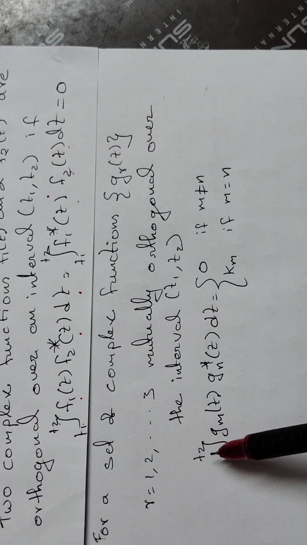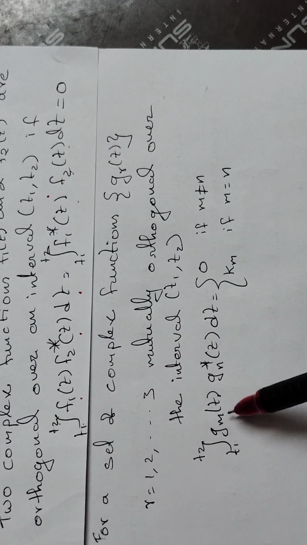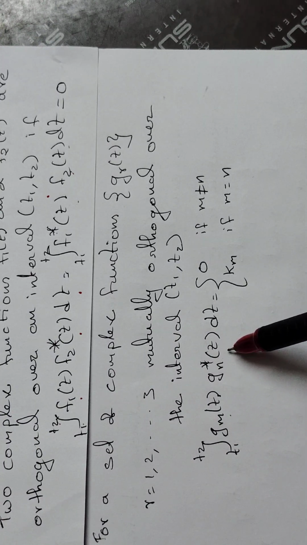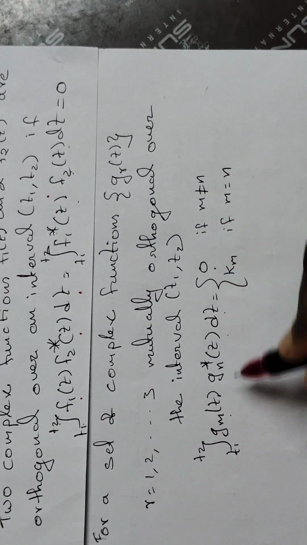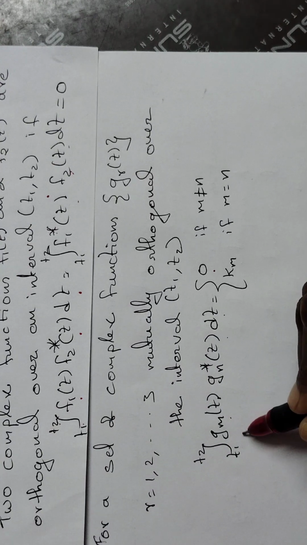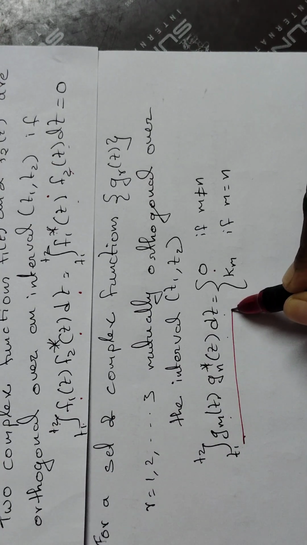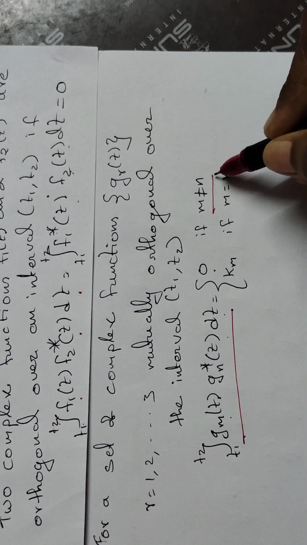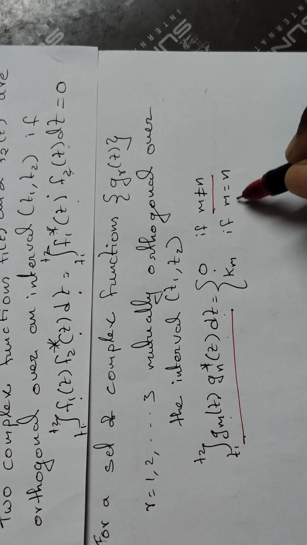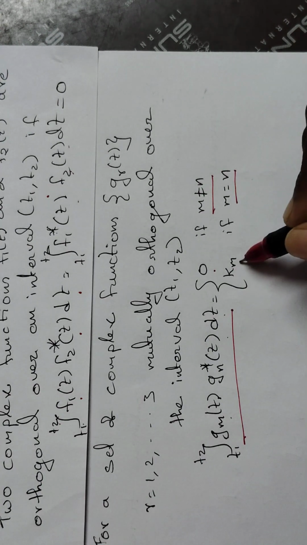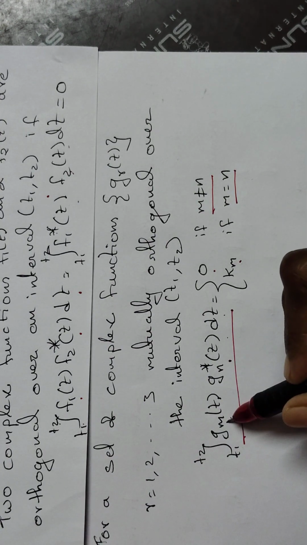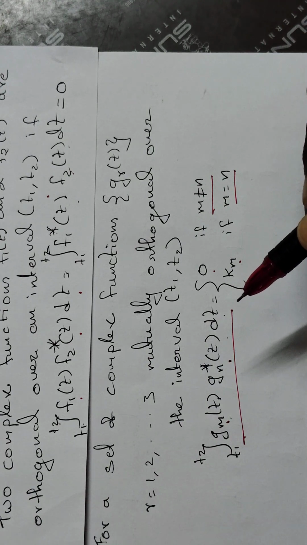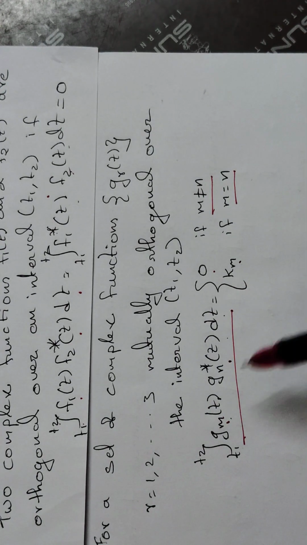Integral t1 to t2 of gm of t gn conjugate of t dt is equal to 0 if m is not equal to n. If m is equal to n, we get km. So this is the formula for a set of complex functions.